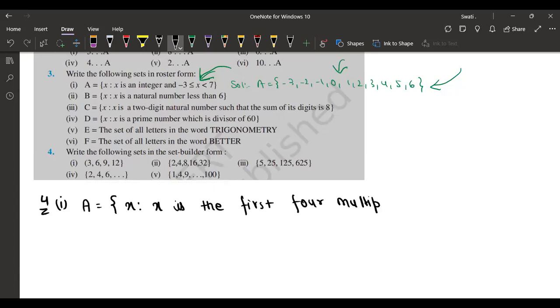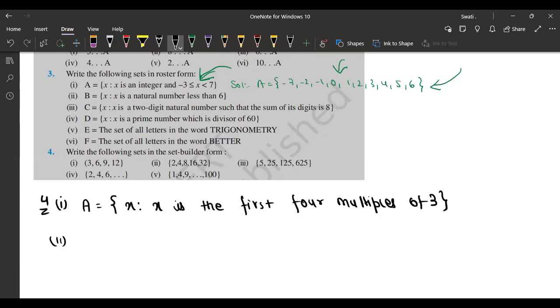Remember, when you are writing the answer in the set builder form, only one answer is not possible. Maybe you can write the same thing in a different way: x such that x equals 3n, where n is from 1 to 4. That is also what you can write. You can write this as well: x such that x is the first 4 multiples of 3. What are the first 4 multiples of 3? 3, 6, 9, 12. That's the answer.